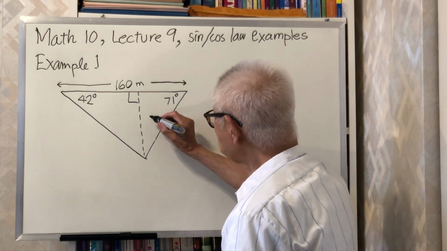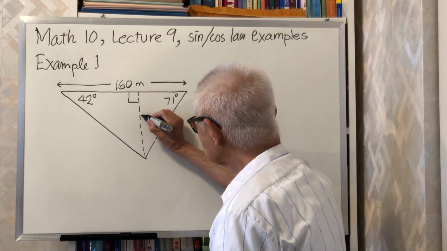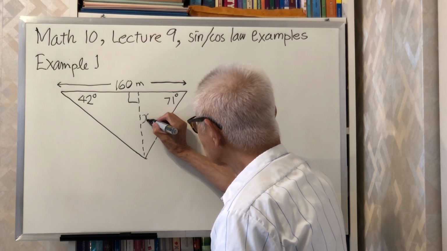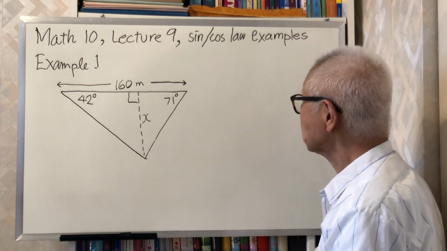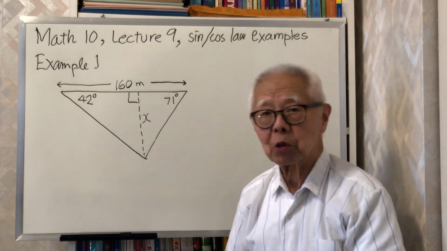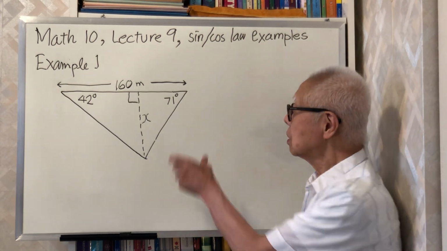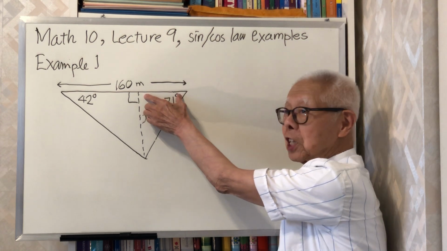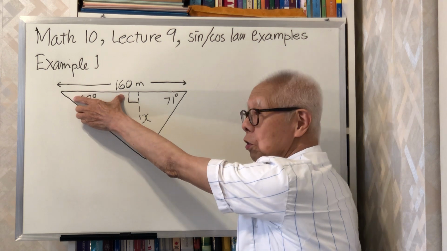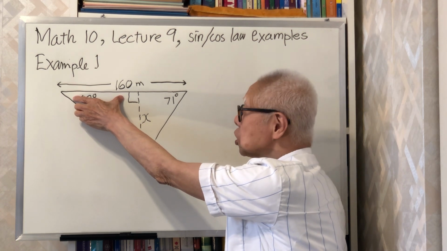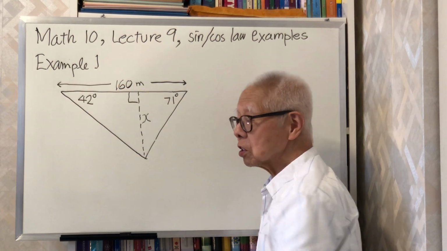Let me label this as x. I use the relation: this part plus this part equals 160.